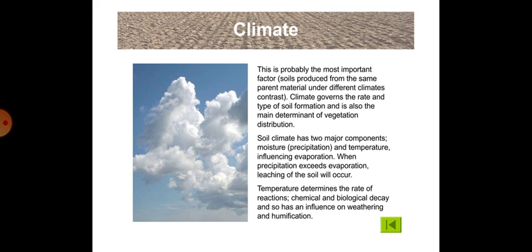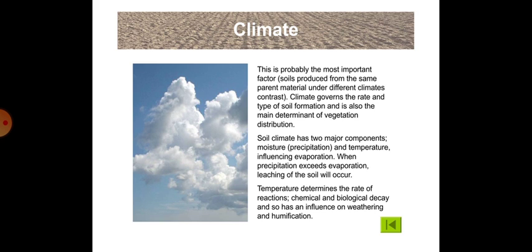Now comes climate. This is probably the most important factor. Soils produced from the same parent material under different climates contrast. Climate governs the rate and type of soil formation and is also the main determinant of vegetation distribution.